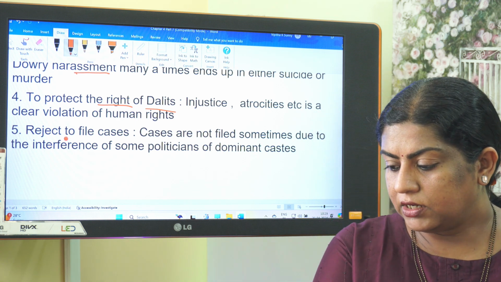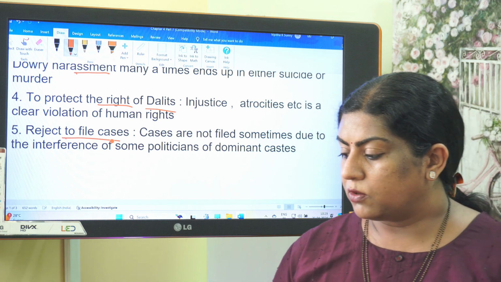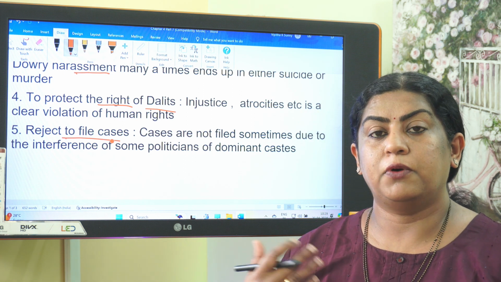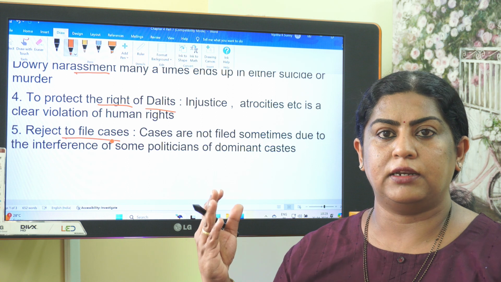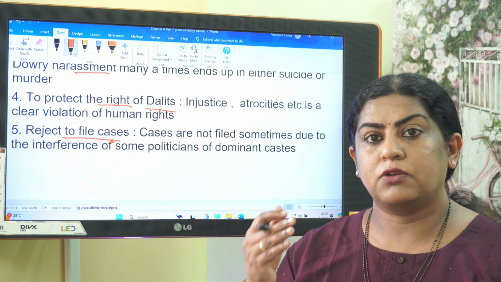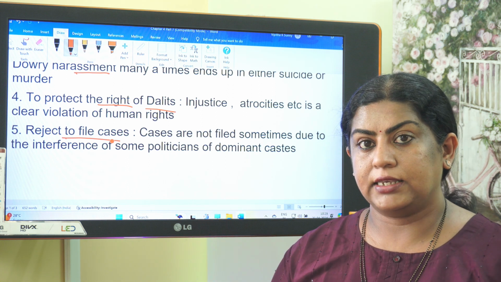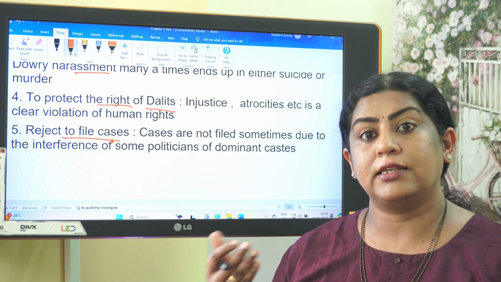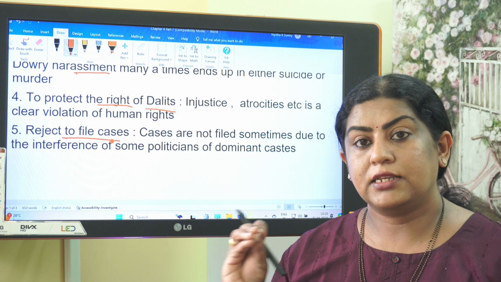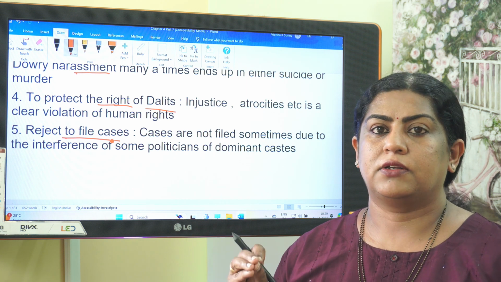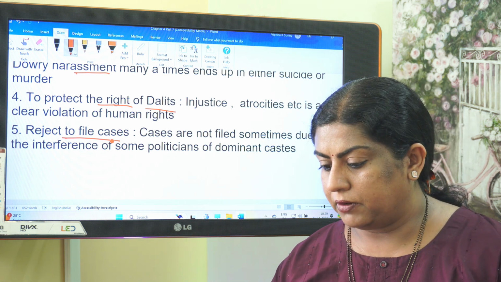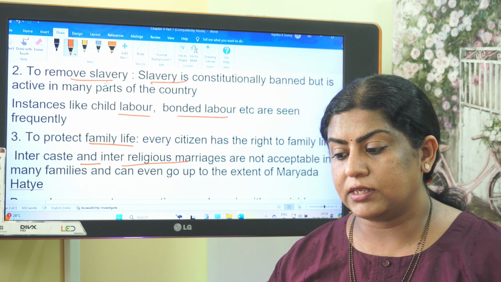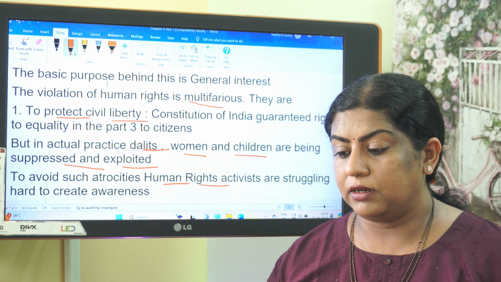Next is refusal to file cases. Cases are sometimes not filed due to the interference of some politicians or someone belonging to a dominant caste. If a person belonging to a lower caste files a case against a higher class person, the case is rejected. All these issues are the main causes of human rights movements.